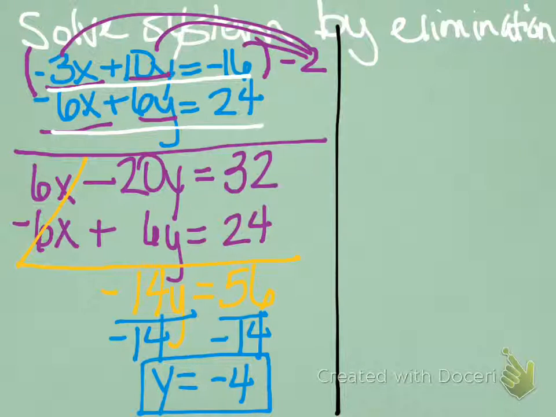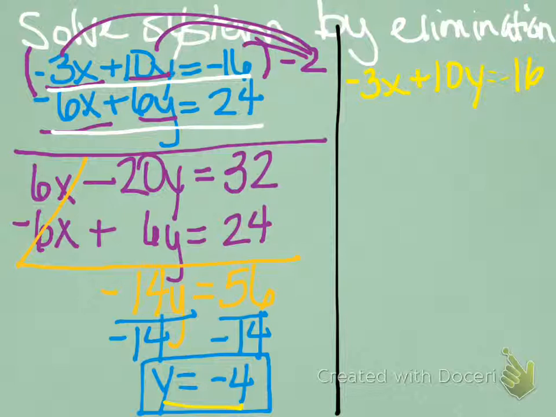It doesn't matter which one you plug into, just like it didn't matter before when we were working problems in the previous video. So, I'm going to pick the top one. It doesn't matter which one I pick, but I'm going to pick the top one. So, I got negative 3x plus 10y equals negative 16. Now we know that y equals negative 4, so for y, I'm going to plug in negative 4.